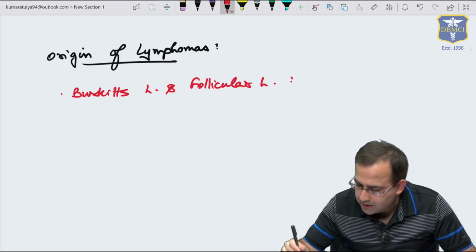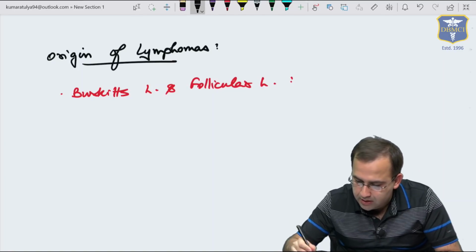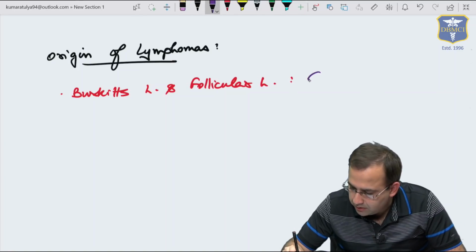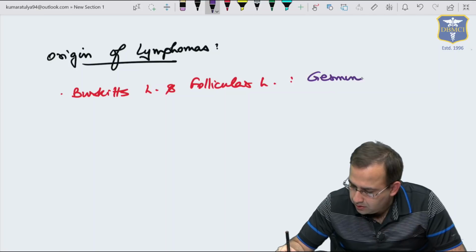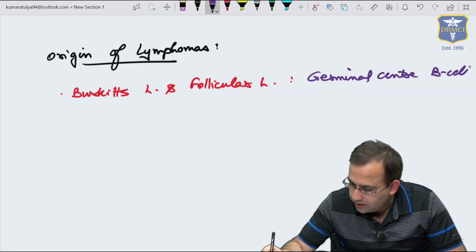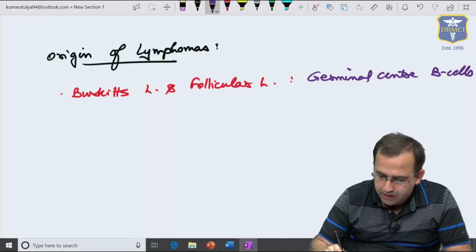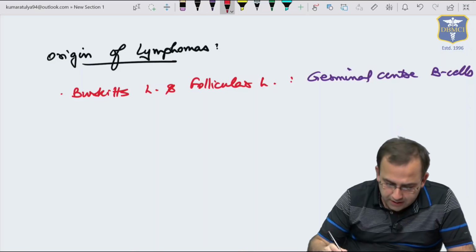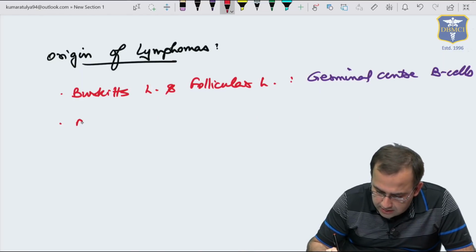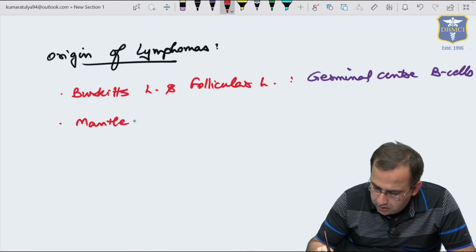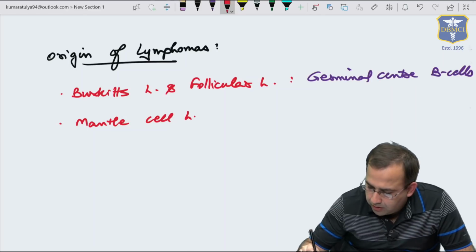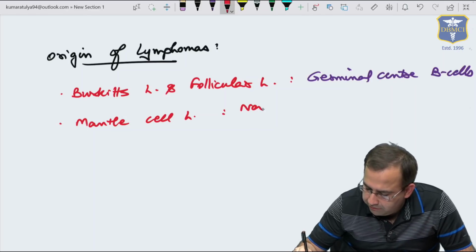Origin of Burkitt's and follicular lymphoma is from the germinal center B cells. Next, the origin of mantle cell lymphoma is from the naive B cells.